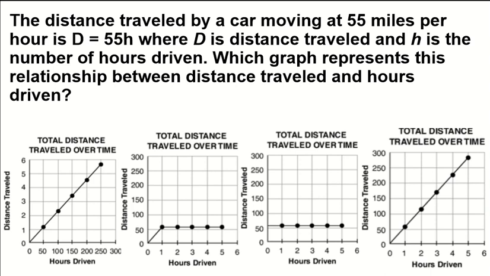All right, so sometimes you have to match a graph with the scenario. So this one says cars travel, moving at a rate of 55 miles per hour. So our equation is D equals 55H. That means our rate, or when we do the y divided by x, should give us 55, right?